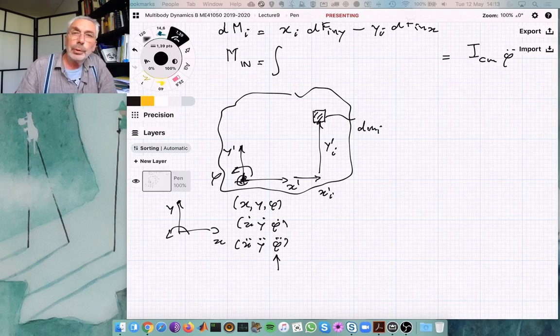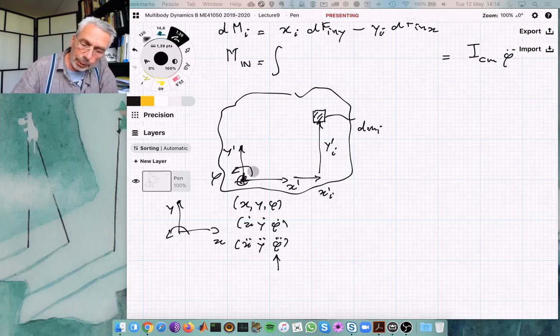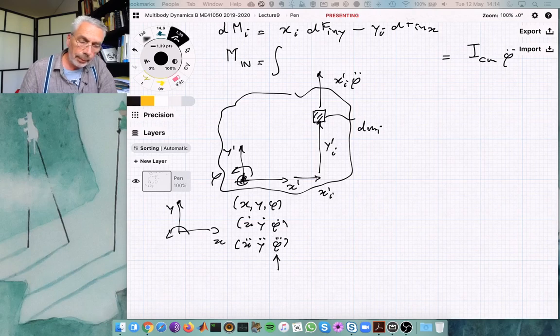Well, if we first take the angular acceleration about this axis, then of course this part, the acceleration in the upward direction, will be this distance times this. So that's x' i times phi double dot.